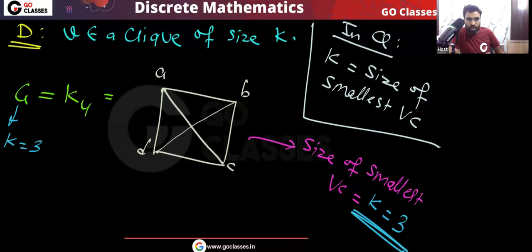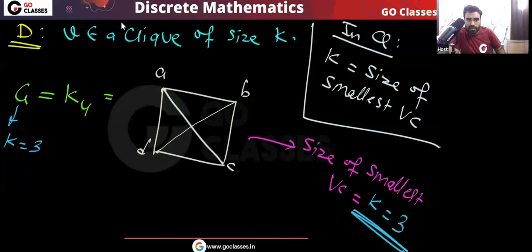Now what is option D saying? Option D is saying that vertex V belongs to a clique of size k. Tell me, this vertex A, does it belong to a clique of size k? K is 3. Does it belong to a clique of size 3?